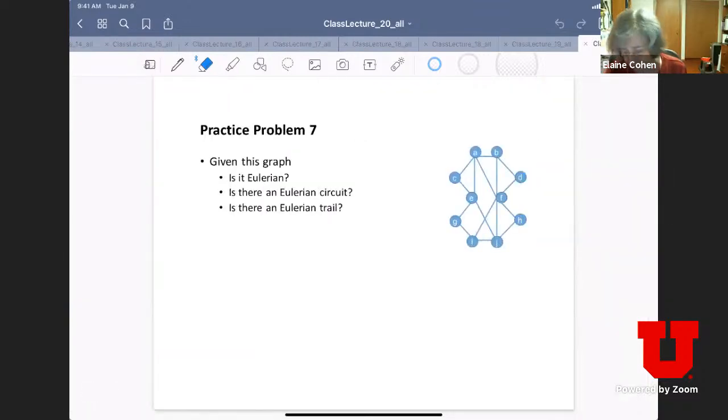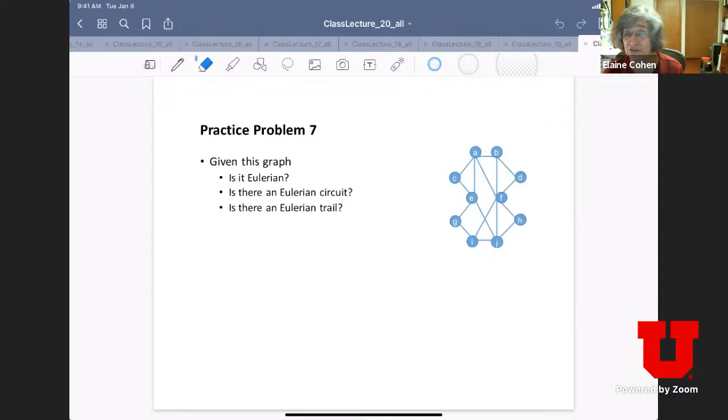Practice problem 7. Now this is hard without my pencil, but we're gonna make a dash of it. Is this graph Eulerian? So someone says, no, it is not, because vertex B has degree 3.